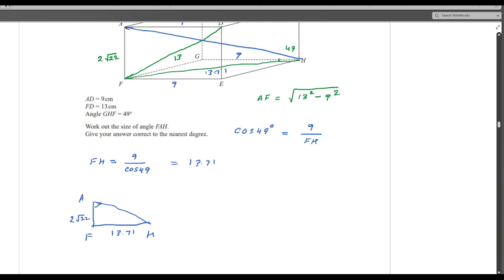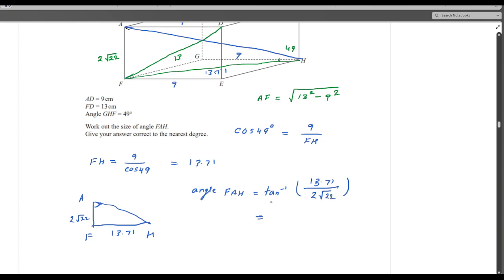Now I have to work out this angle FAH. So for this angle A, opposite is given, adjacent is given. So angle FAH will be equal to tan inverse of 13.71, better to use the value which is in your calculator, divided by 2 root 22. So we will get the exact answer for the angle.